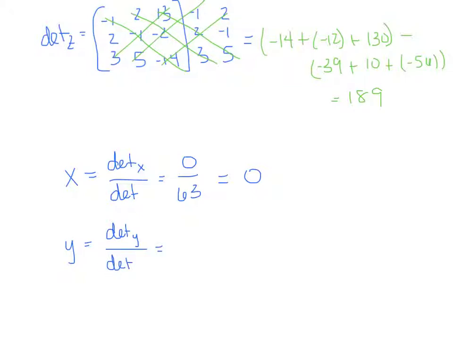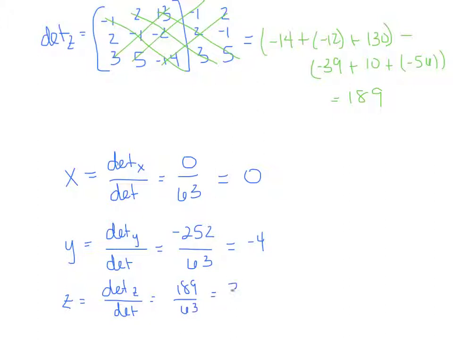The determinant for y was negative 252, divided by 63, we get a negative 4. And then to find z, we're going to take the determinant of z divided by the regular determinant, which was 189 divided by 63 is 3.